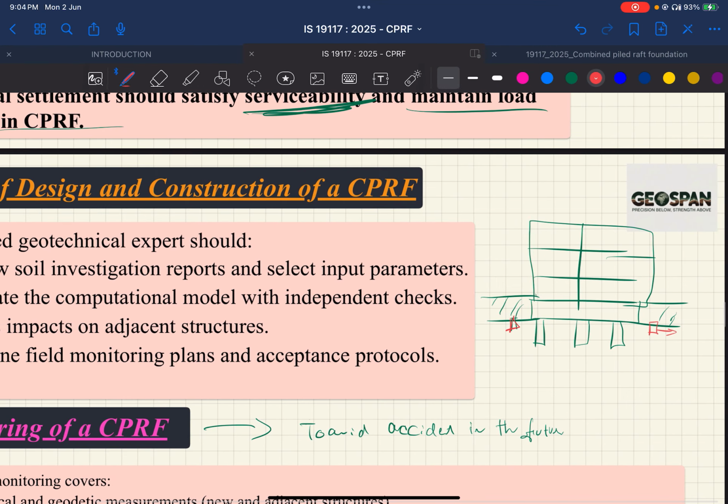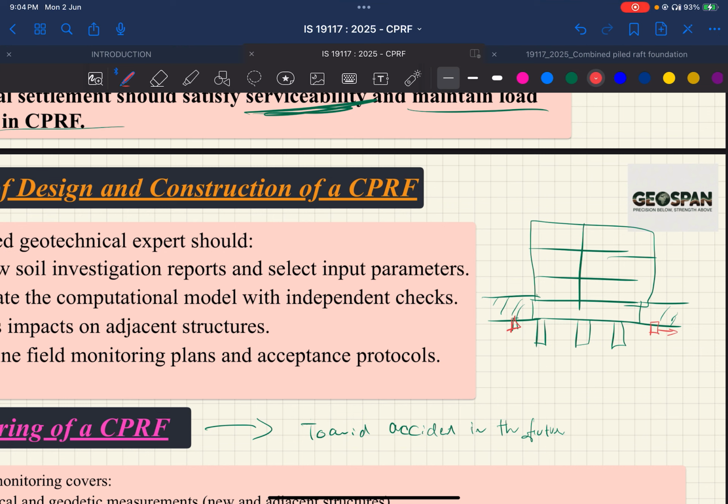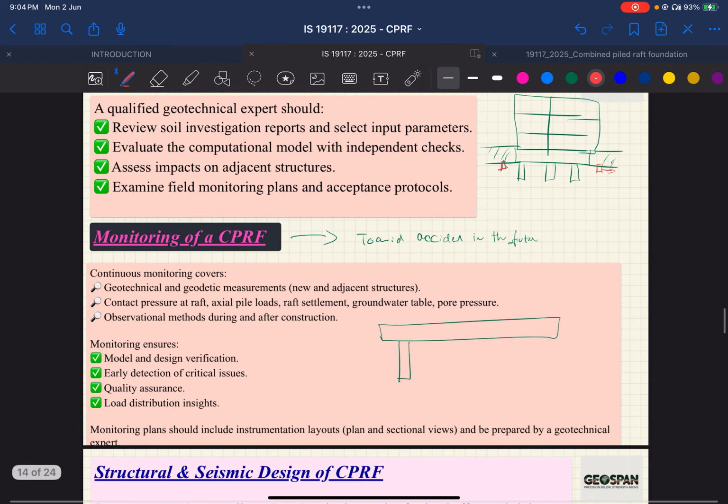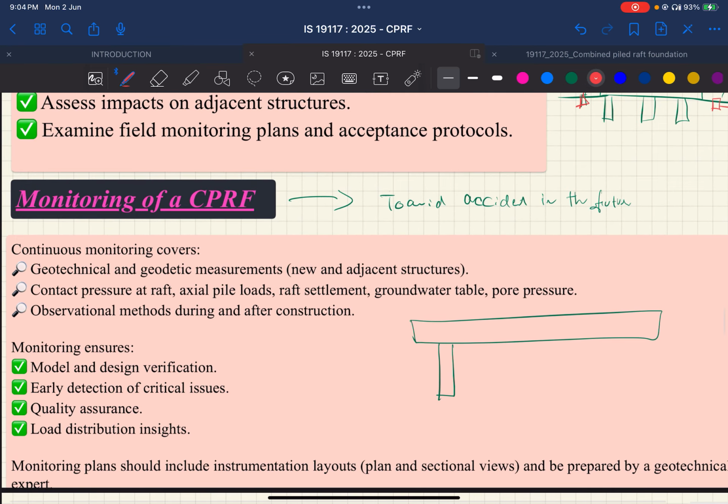During and post construction, to make sure that no excessive settlement is taking place due to the excavation or due to the overload of the superstructure. This monitoring ensures model and design verification, earlier detection of critical issues to avoid accidents, and quality assurance and load distribution insights.